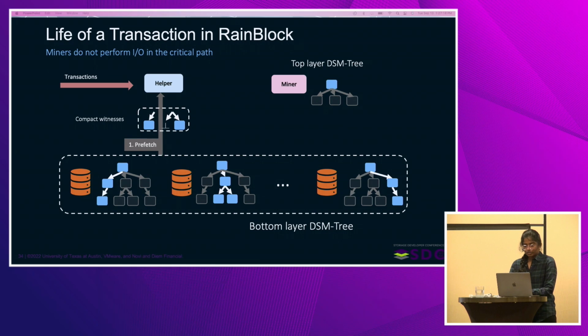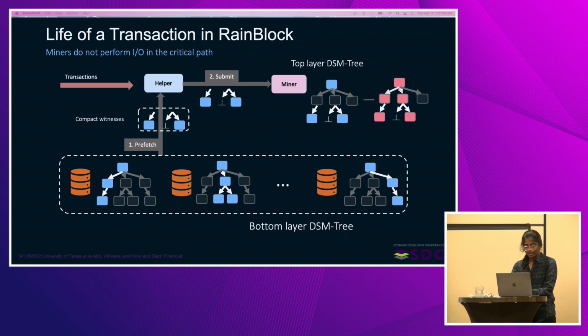They prefetch compact witnesses instead of full witnesses because miners have the top layer of the DSM tree. IO helpers submit the transactions and the compact witnesses to the miners. Miners use the compact witnesses from IO helpers and their private cache to process transactions.